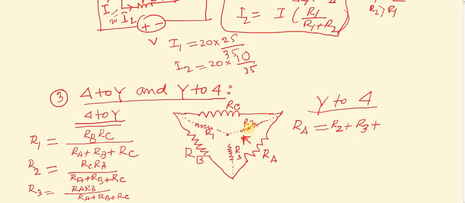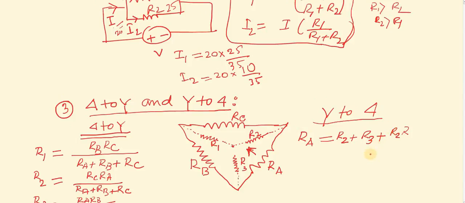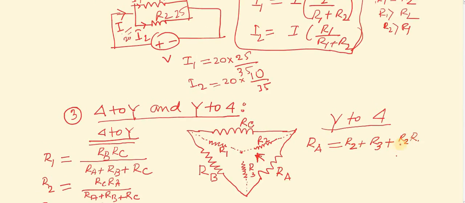Then plus you multiply the adjacent two resistances, that is R2 into R3, and divided by this backward resistance R1. Understand the method?